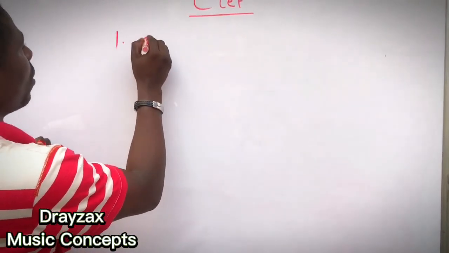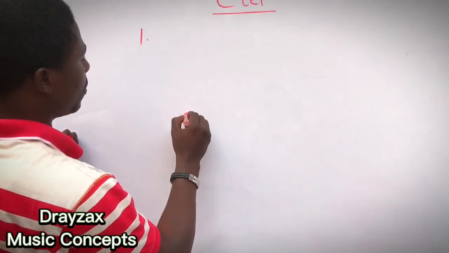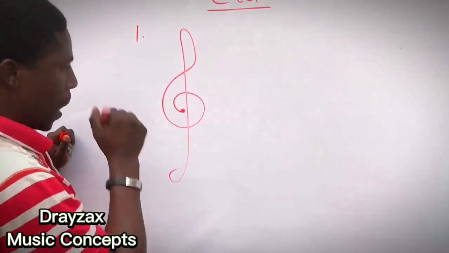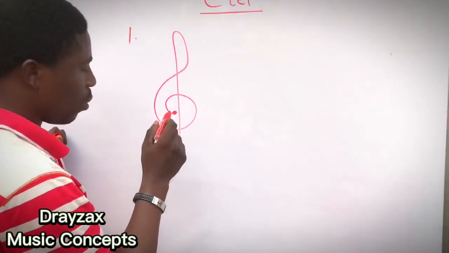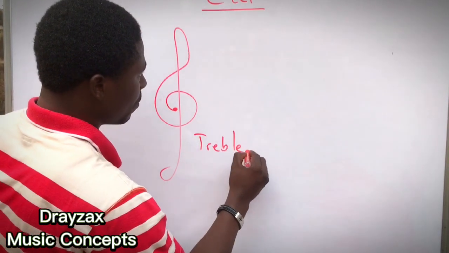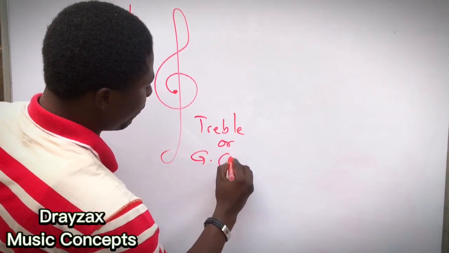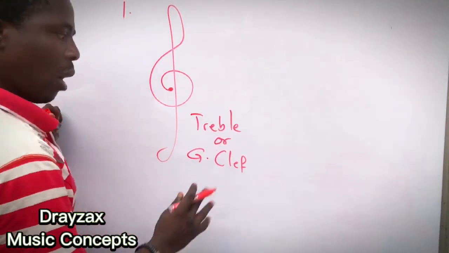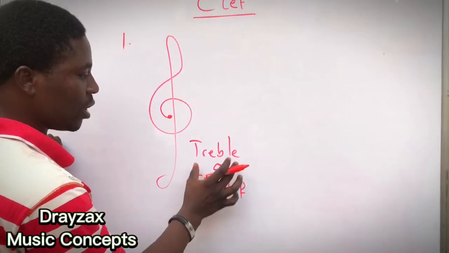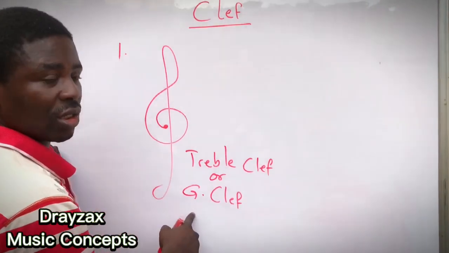The first one is called the treble clef, and this is it. This is the first one, the treble clef. Treble or G clef. I will explain this later. We call it either treble or G clef.